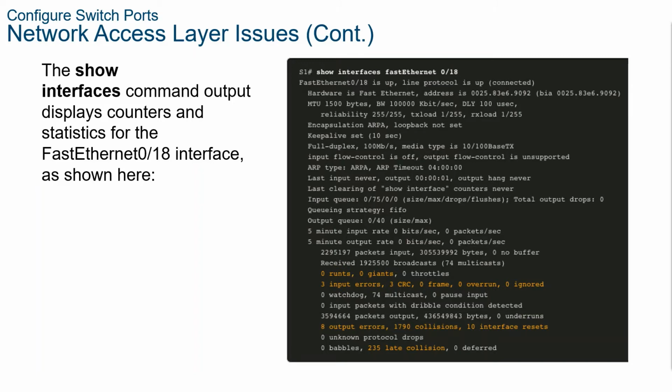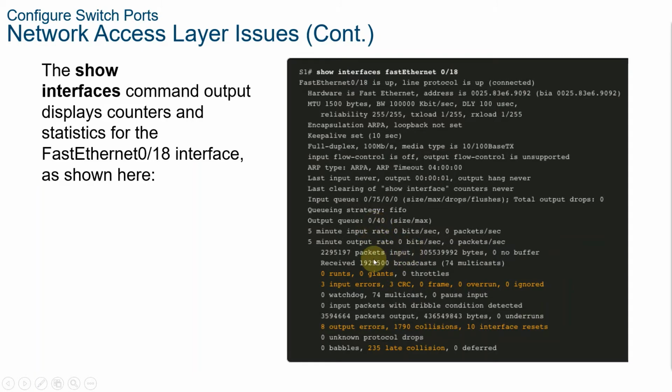For instance, any Ethernet packet that is less than 64 bytes is considered a runt. You also have giants. Giant packets are discarded because they exceed the maximum packet size for the medium. For example, any Ethernet packet that is greater than 1518 bytes is considered a giant.